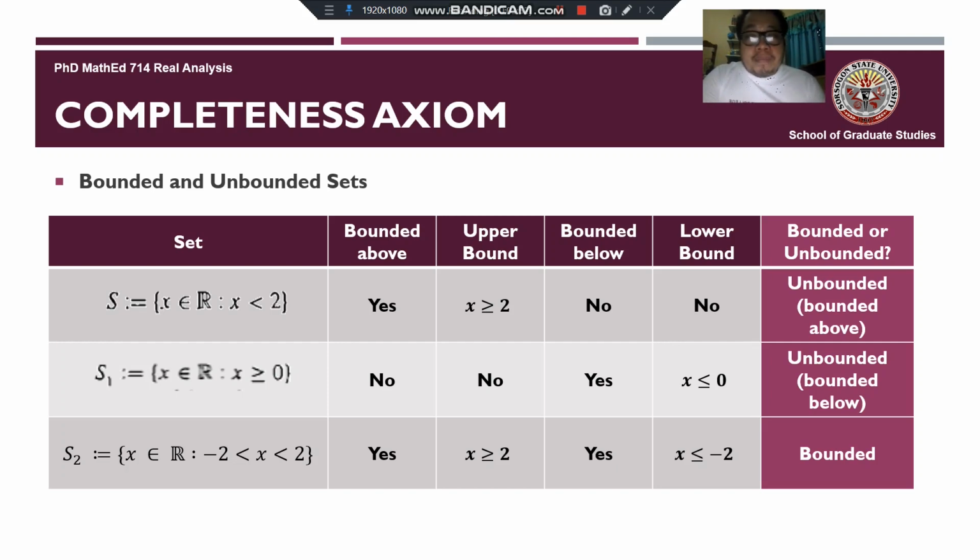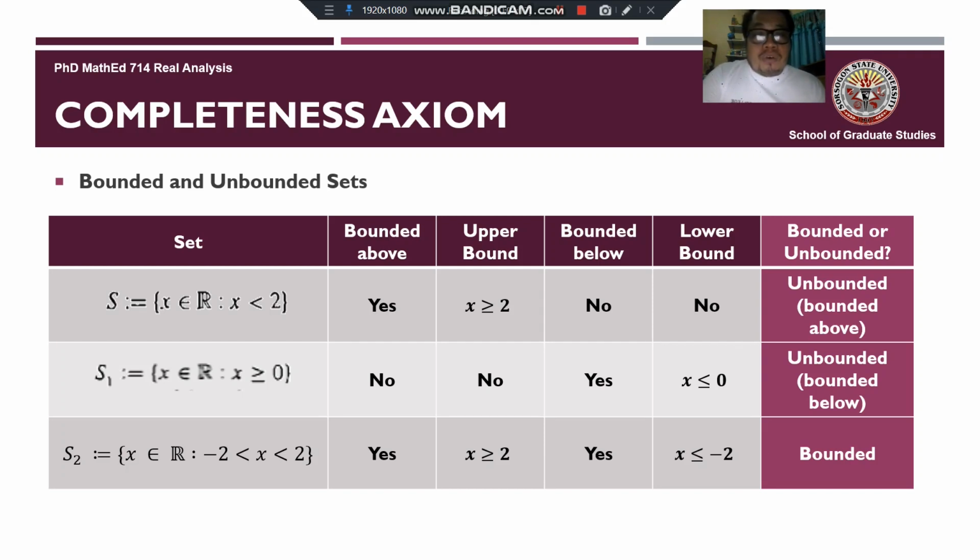So the upper bound starts from 2 up to positive infinity. Then if we are asked if it is bounded below, the answer is no. Therefore, it doesn't contain a lower bound.